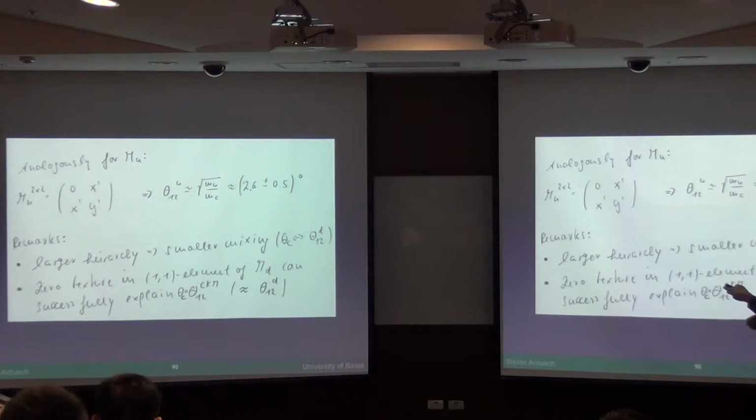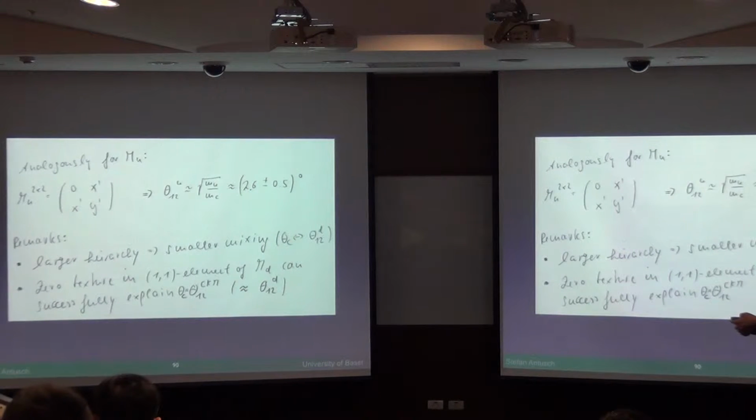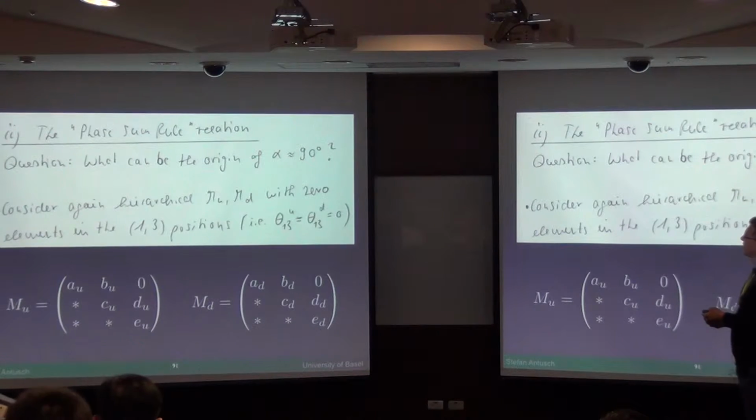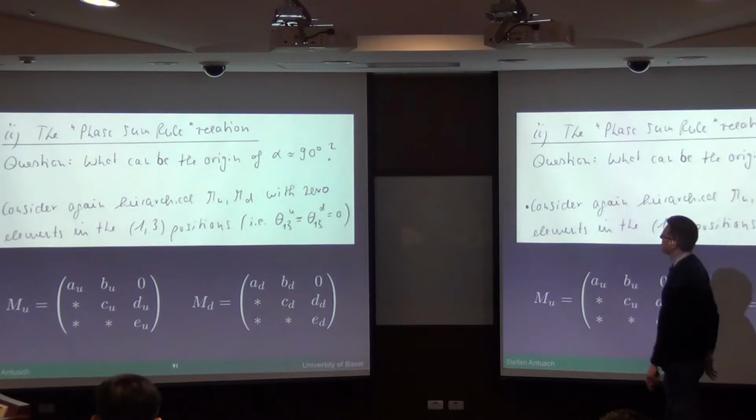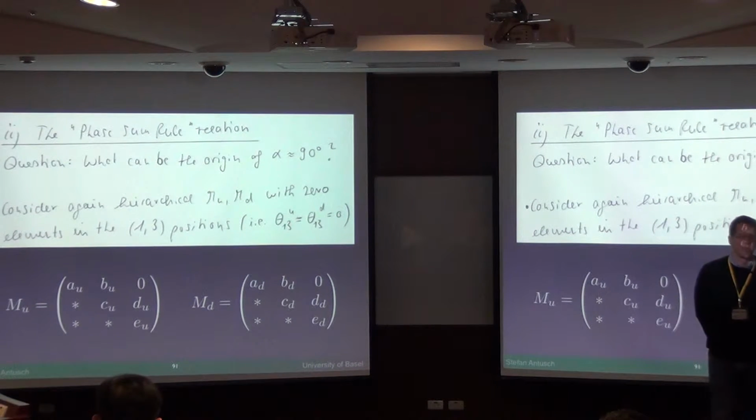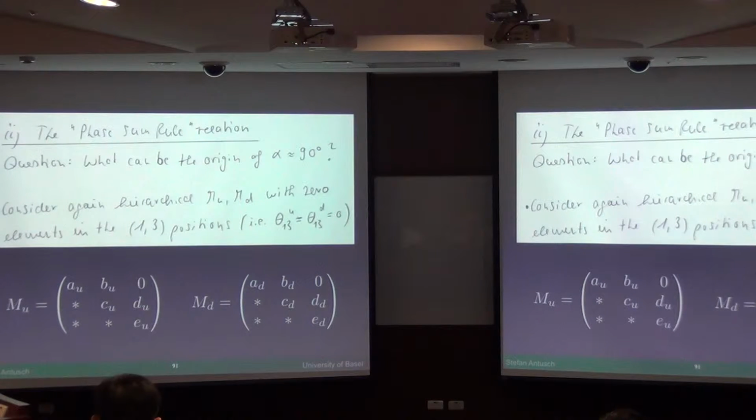So that's kind of one thing which works quite nicely in the quark sector. Okay, there's another thing which now comes to this possible origin of this alpha equal 90 degrees, which I've mentioned just at the beginning.